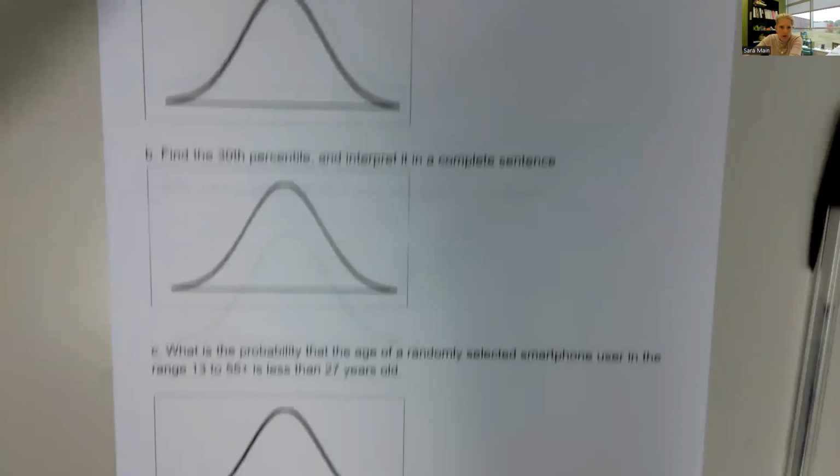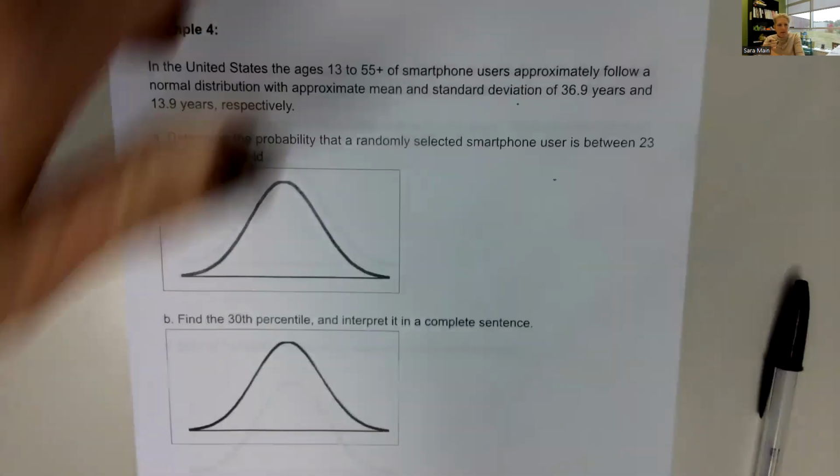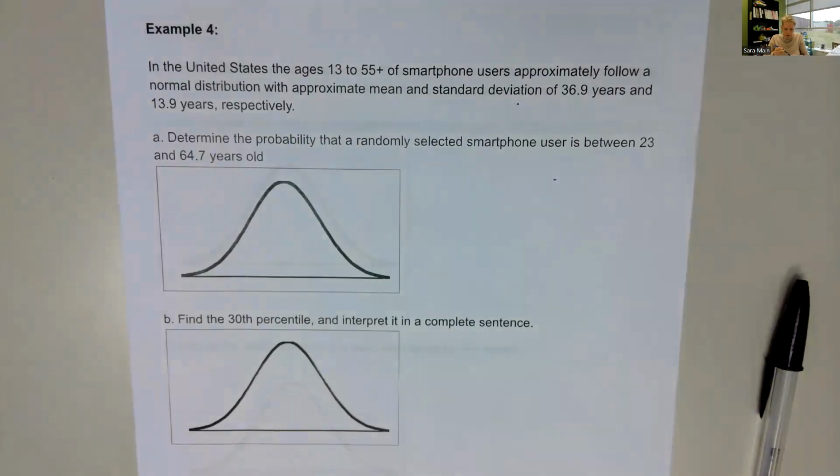Let's look at it. Example 4 says, in the US, the ages 13 to 55 plus of smartphone users approximately follow a normal distribution with mean and standard deviation of 36.9 years and 13.9 years, respectively. Determine the probability that a randomly selected smartphone user is between 23 and 64.7 years old.